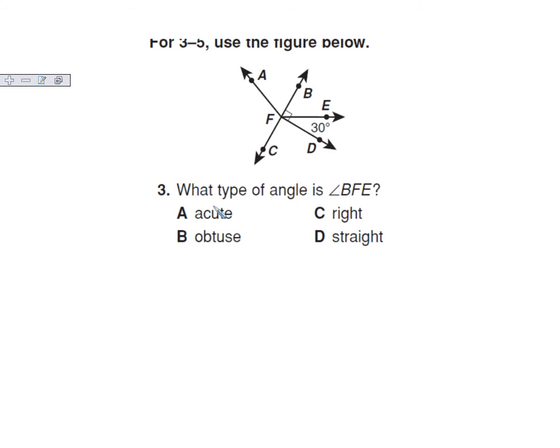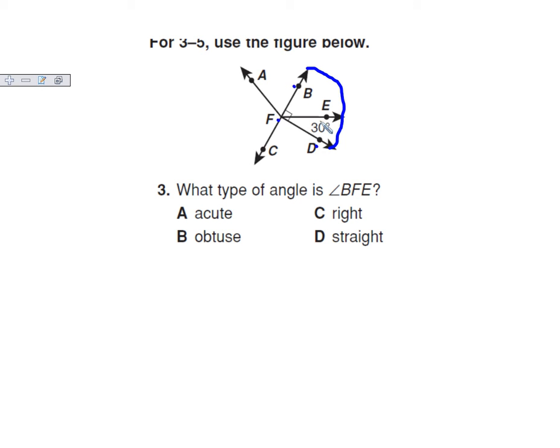Now they're asking us what type of angle is BFE, and they're asking is it acute, obtuse, right, or straight. So let's take a look. B to F to E. Now we know that this is 90 degrees from here to here. From this to this would be the measure of DFB.